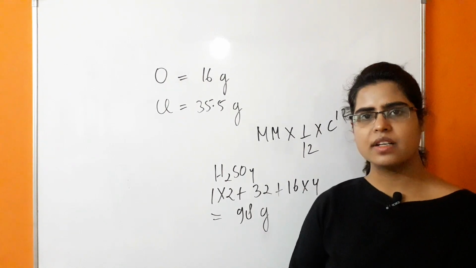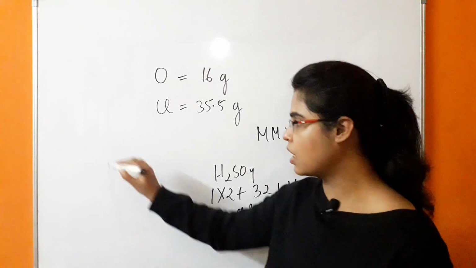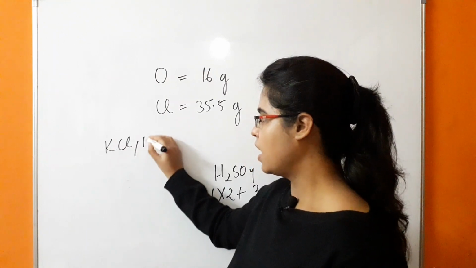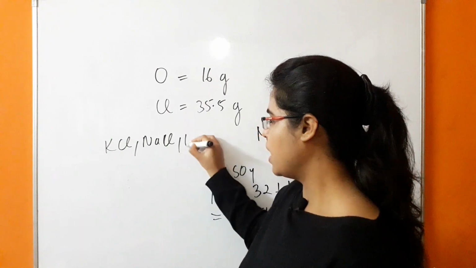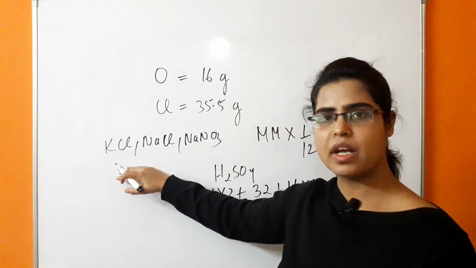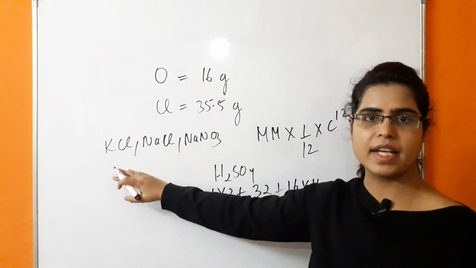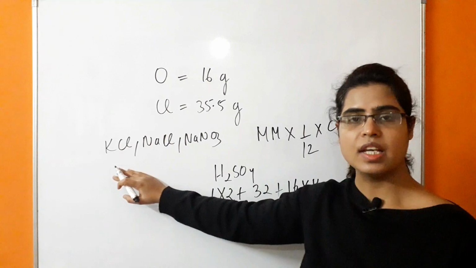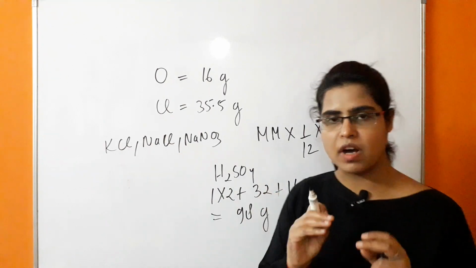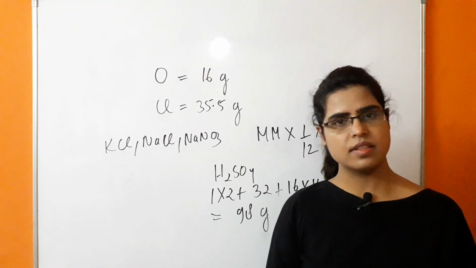Next is formula mass. Formula mass is used for ionic compounds, for example KCl, NaCl, NaNO3. For ionic compounds, formula mass is used because they do not exist in the form of molecules. They exist in the form of ions which are closely packed to form a three-dimensional crystal lattice structure.